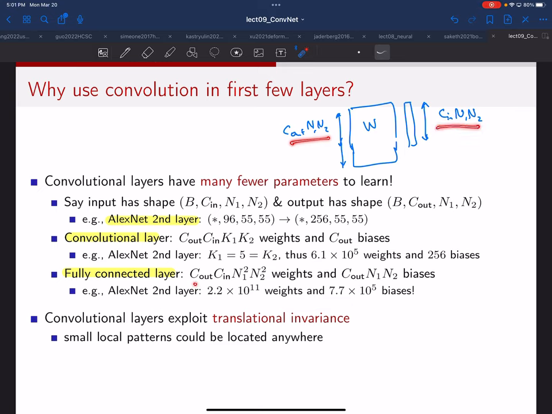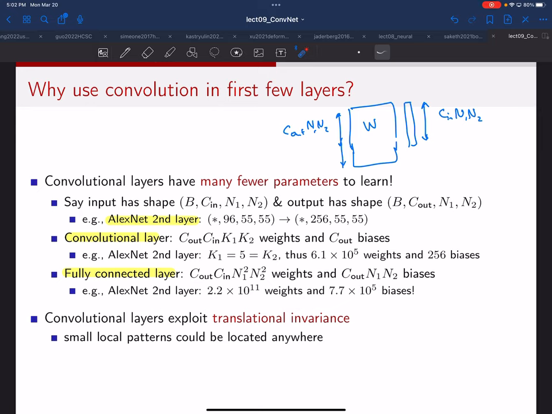And so that is C out times C in times N1 squared times N2 squared. If you multiply those things together, you get 200 billion weights compared to 600,000. 600,000 is doable. 200 billion in that one layer is not doable. Way too many. Even the number of biases is kind of crazy.